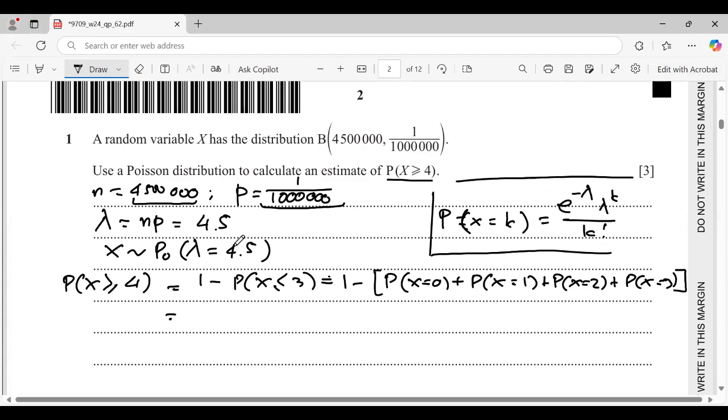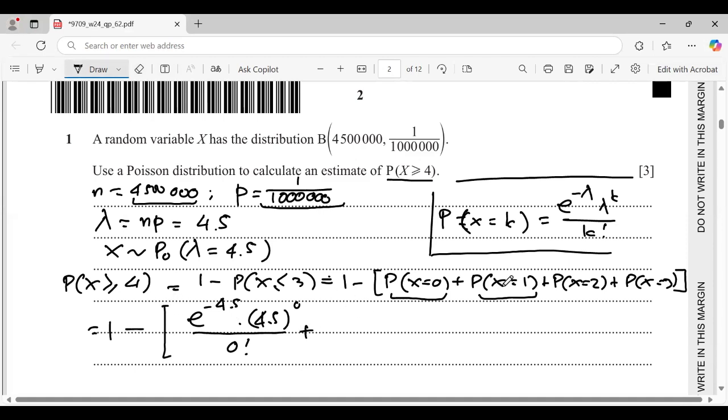So lambda is 4.5. So this probability becomes e to the power minus 4.5 times 4.5 to the power 0 over 0 factorial. Oh, I forgot to write the 1 minus. It is to be 1 minus.